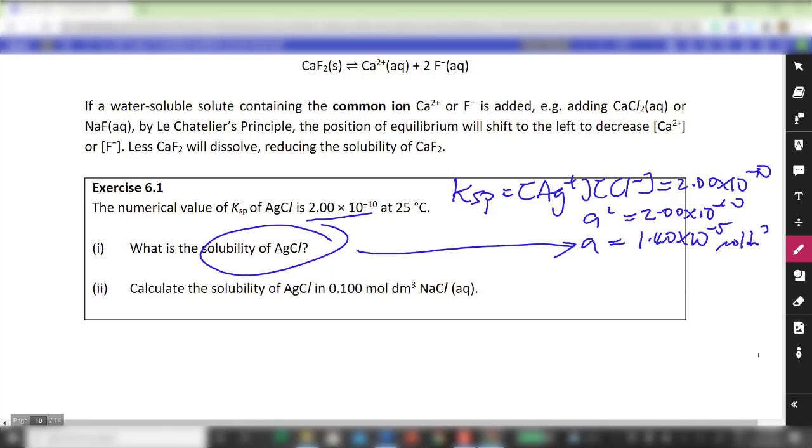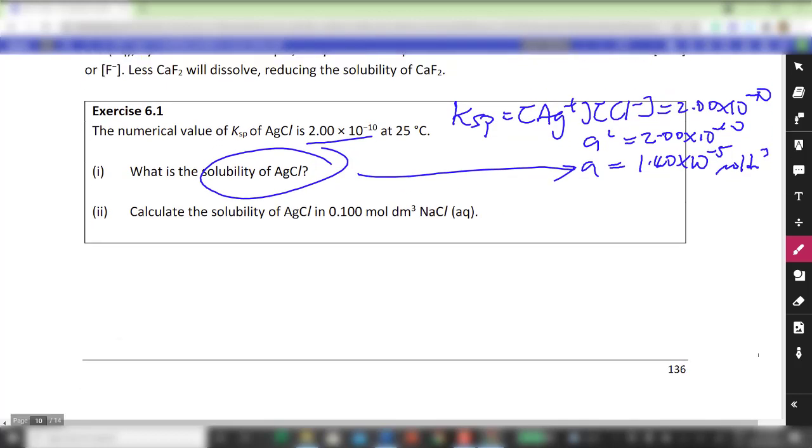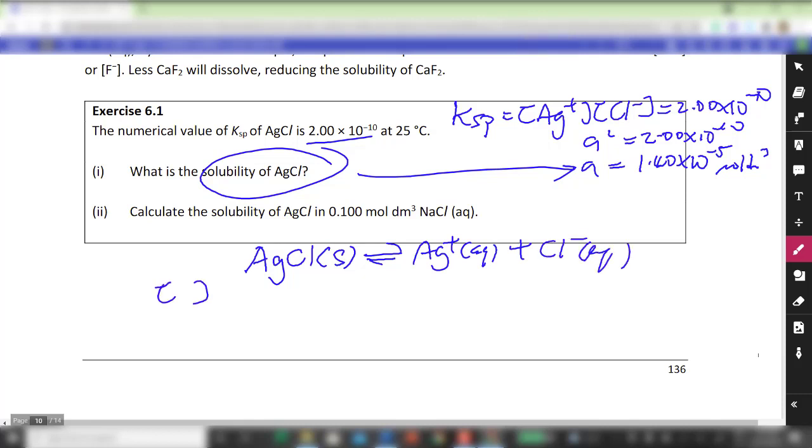Okay, so now you are expected to calculate the solubility of silver chloride in 0.1 moles per dm cube of sodium chloride. Yeah, so we'll perform the same calculations using what I've shown you at the start, if you can remember. So again, we will write out an equilibrium expression of silver chloride in this way, and then assuming that at the beginning we already have a fixed concentration of chloride, which is what we were told, and this is actually 0.100.